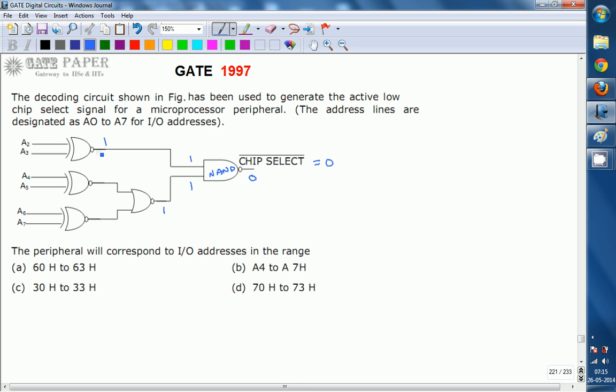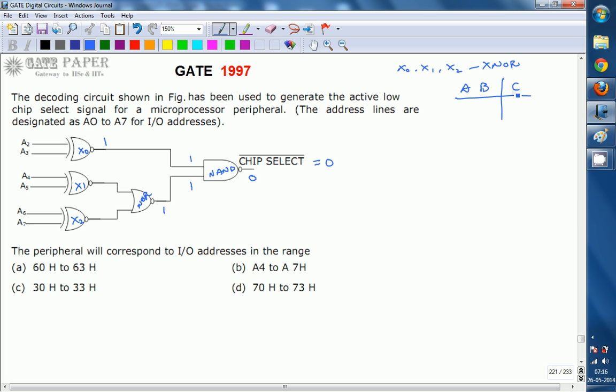There are three XNOR gates, which we name X0, X1, X2, and this is the NOR gate. The XNOR gate is also called the coincidence gate.